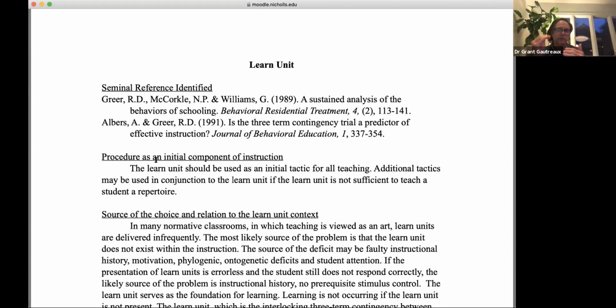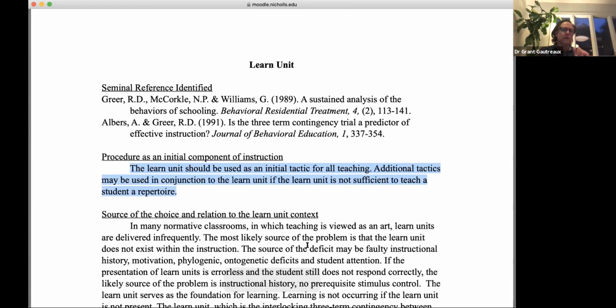Then in a tactic review, you would take the name of the tactic, identify what are some of the earliest pieces of research on that tactic. Why would I use that tactic in general? Why would I use it out of the starting gate?